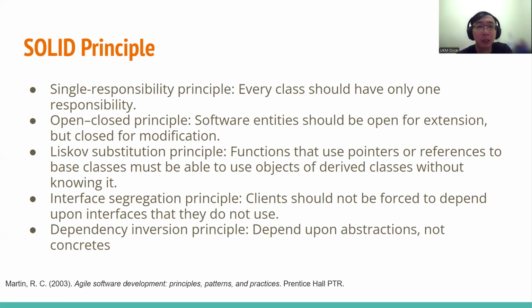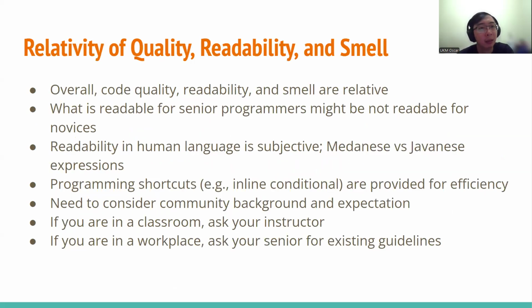Sorry, the superclass. Okay, and then one thing to remember is that code quality, code readability, and code smell are sometimes relative, or we can say subjective. What is readable for senior programmers might not be readable for novices.